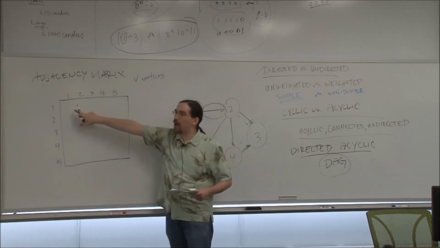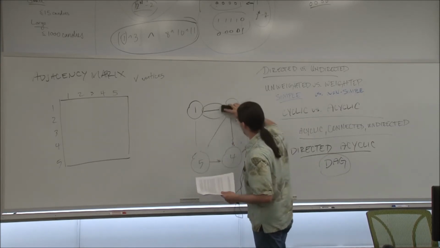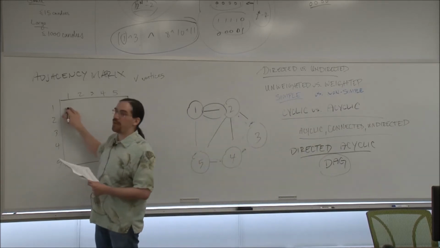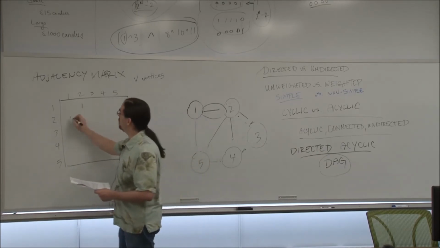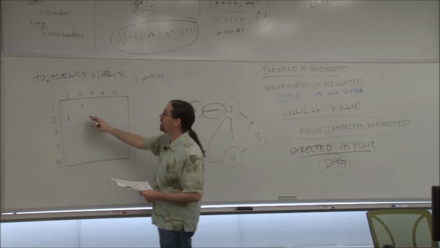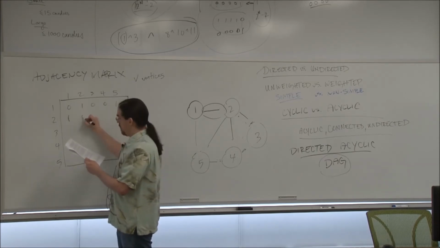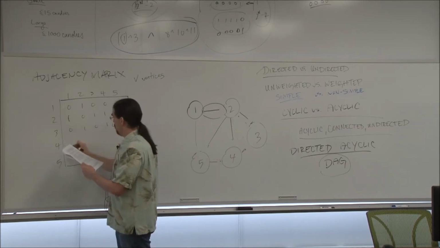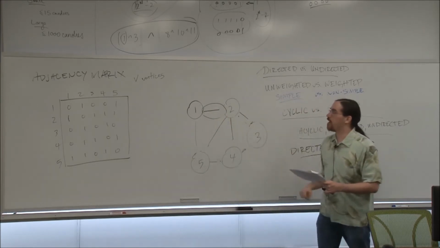And then anytime there's an edge in your graph, I'm going to go back to the undirected graph here, the element in your matrix is 1. So there's an edge between 1 and 2, and between 2 and 1, so those are 1s. And anytime there's not an edge, you put in a 0. So for this graph, here is the matrix representation: 0, 1, 1, 0, 1, 1, 0, 1, 0. So that's the matrix that represents this graph.